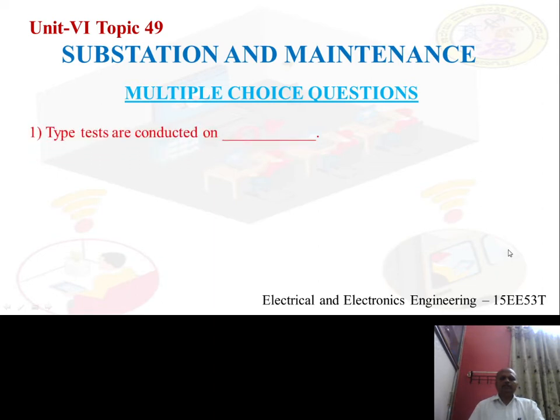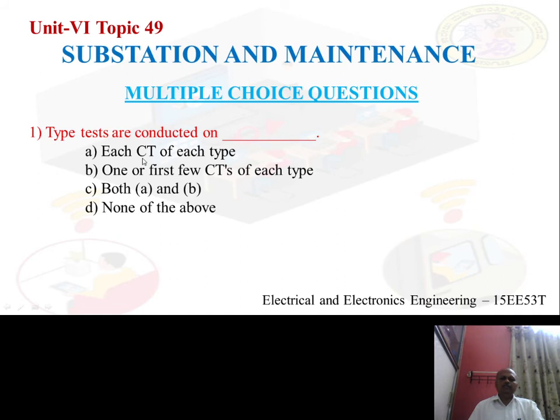Your first question is: type tests are conducted on. Your options are A. Each CT of each type, B. one or first few CTs of each type, C. both A and B, D. none of the above.